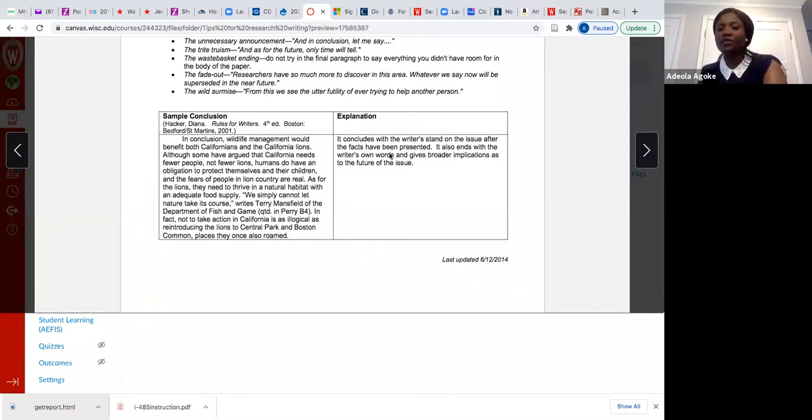This writer summarizes the explanation of what this author did with his conclusion here. So he said it concludes with the writer's stand on the issue after the facts have been presented. So see that logic, just pay attention to that logic.